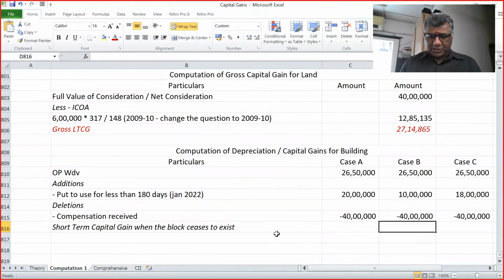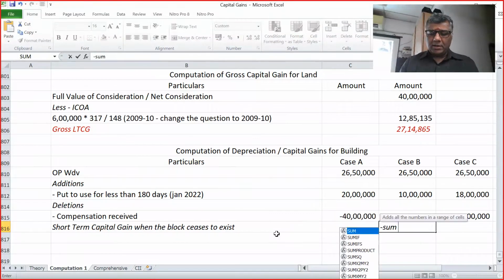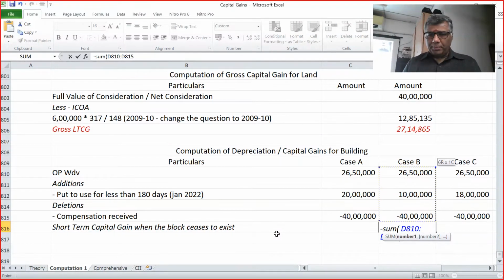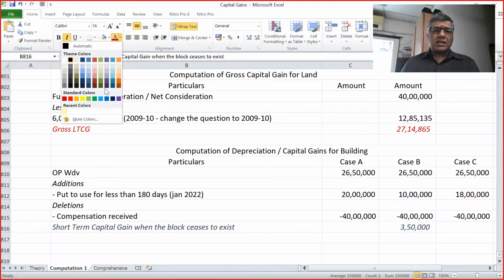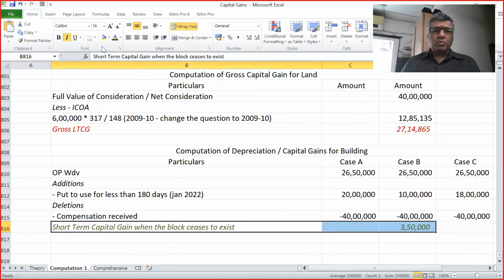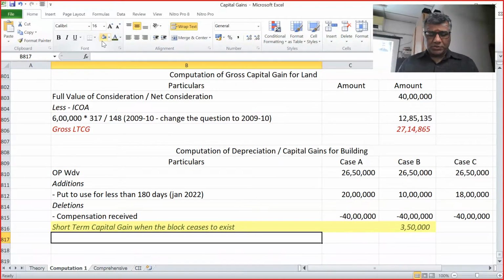Only in case B we will get short-term capital gain of 3,50,000, because that is the circumstance in which the block has ceased to exist.